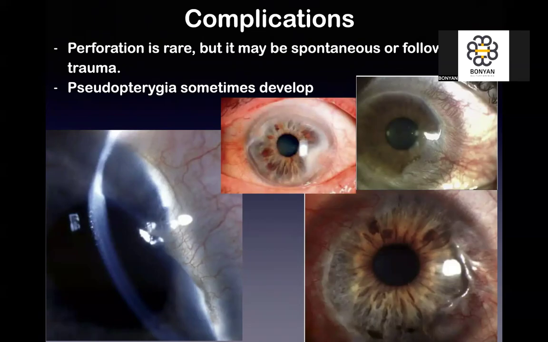Pseudopterygium sometimes develops. And pseudopterygium means it's not a real pterygium because it's just adhesion between the conjunctiva and part of the cornea, like a bridge. There is a space beneath this attached part of the conjunctiva.